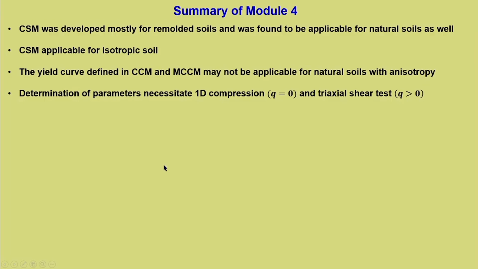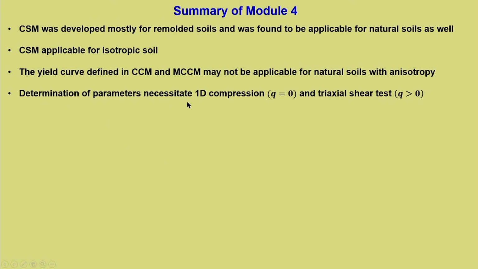So this anisotropy creates some issues in interpreting the Cam clay and the modified Cam clay, because the yield curve which has been idealized may not be representative. So there will be a clear deviation in the shape of the yield curve, and that is how the modified Cam clay model was also modified further to account for these. So this we are not discussing in this course.